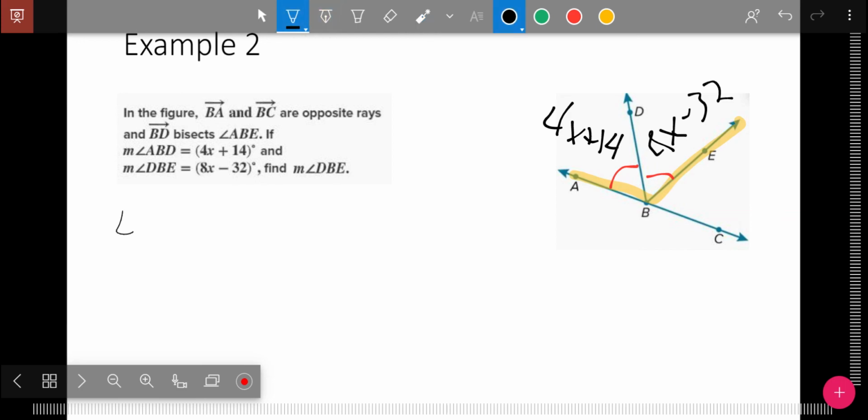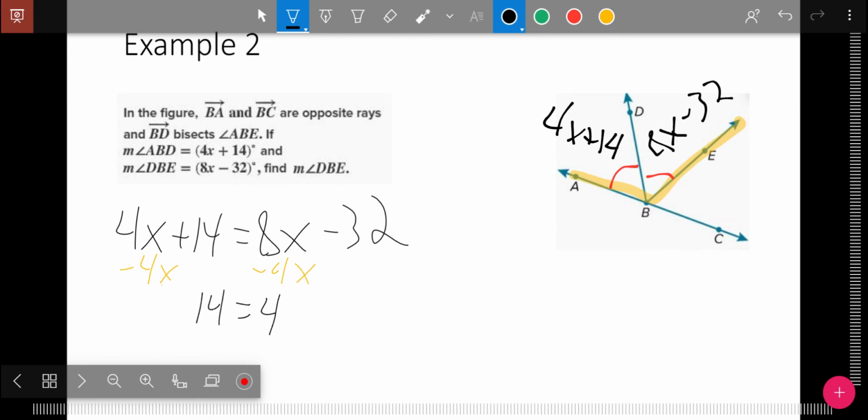And so 4x plus 14 equals 8x minus 32. I like to move my x's together first, so I'm going to minus 4x to both sides. I get 14 equals 4x minus 32. I'm going to add 32 over.